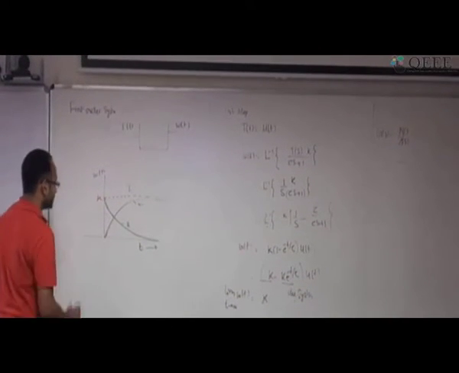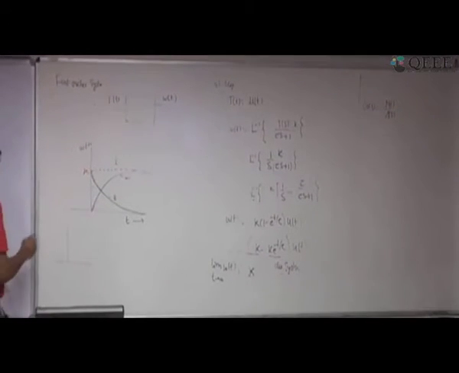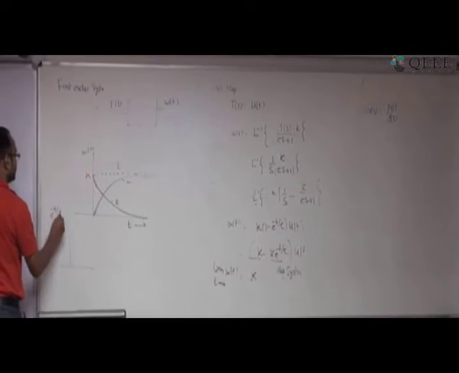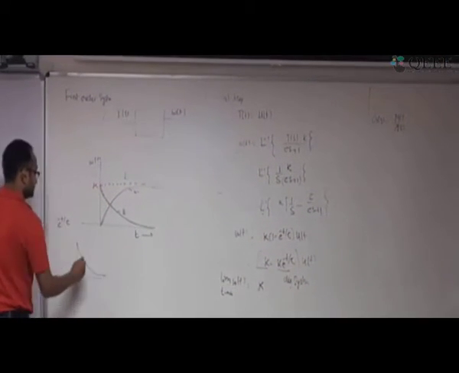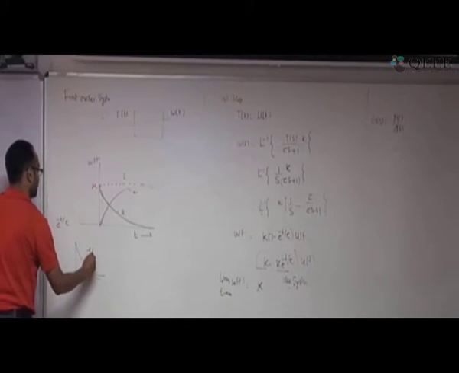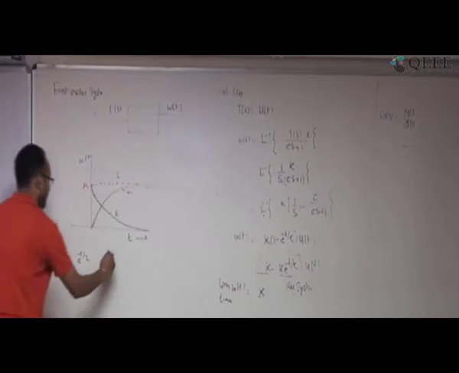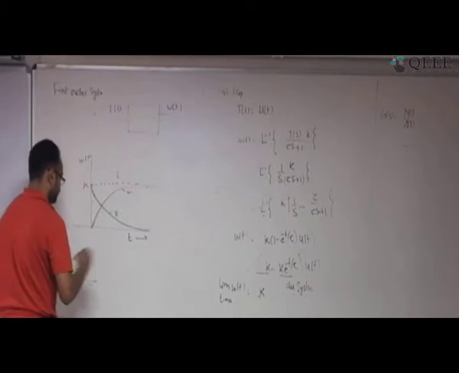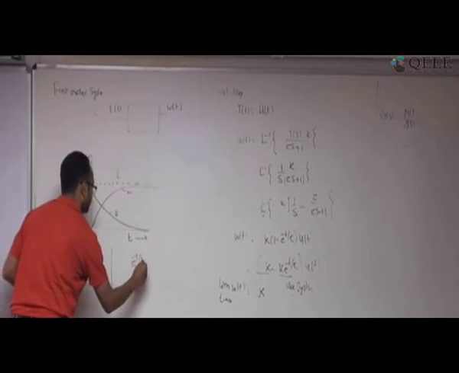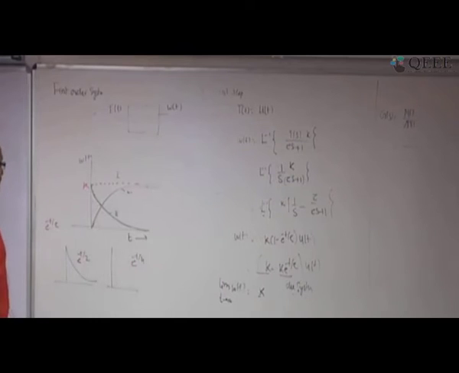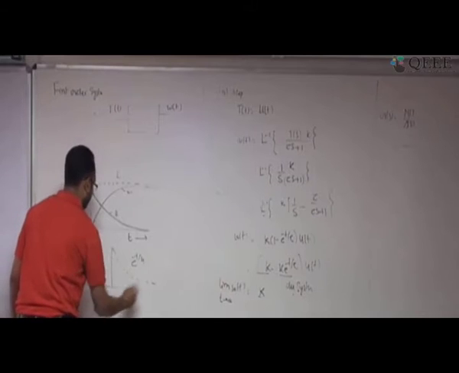Now here one more aspect I want to highlight. All of you might have plotted e to the power minus t by tau. So this response comes like this, e to the power minus t by 2. I am just plotting how it typically looks. And if I plot e to the power minus t by 4, it will be something like this.